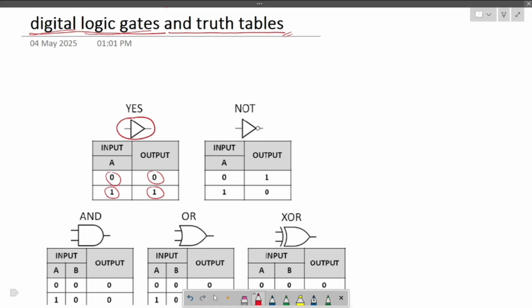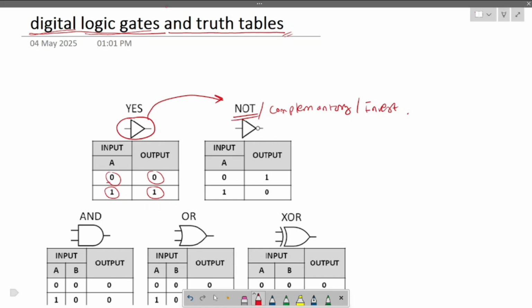Now the opposite of YES is NO, or NOT. This is also called complement or invert. The symbol is like when you add a bubble to it, it gives a NOT, or invert. This is the symbol for the NOT gate, and this is its truth table.